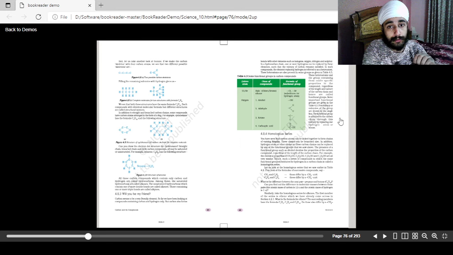So Cn, H subscript 2n+1, that gives the numbers for a simple saturated carbon, the alkane. But for unsaturated carbon, it is CnH2n, that is for the alkene. But when we talk about alkyne, that is CnH2n-2.